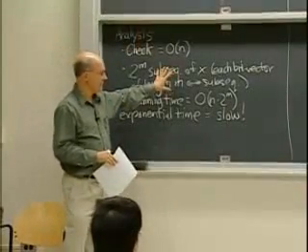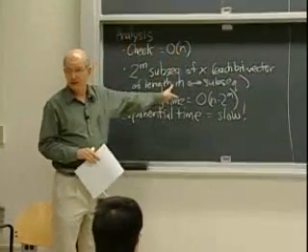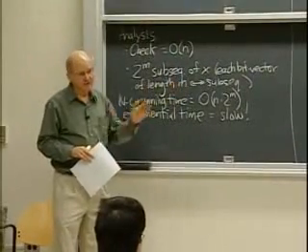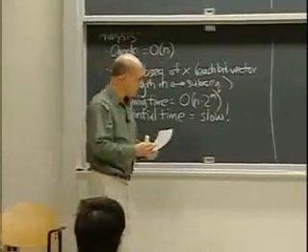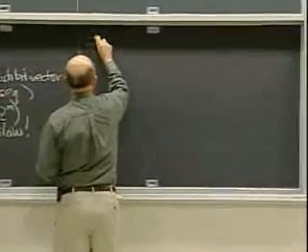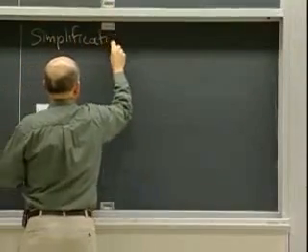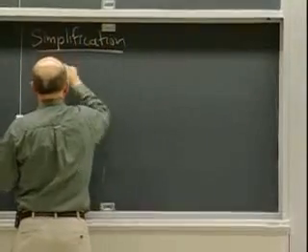So we're going to now go through a process of developing a far more efficient algorithm for this problem. Okay? And we're actually going to go through several stages. The first one is to go through a simplification stage. Okay?